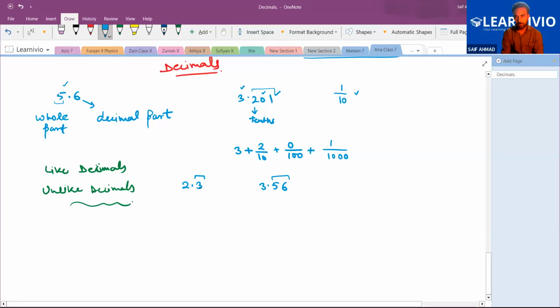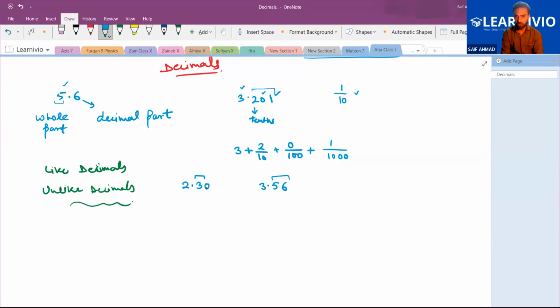These are unlike, but how do we make them like? We put a 0 after this.